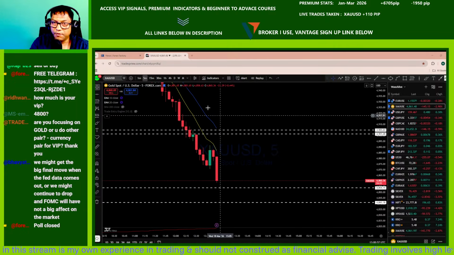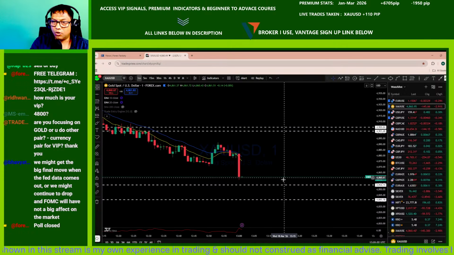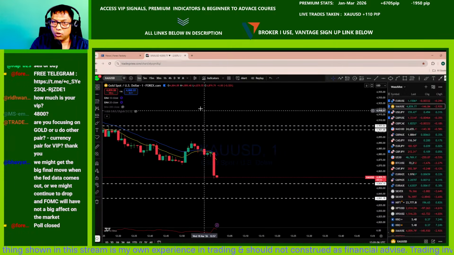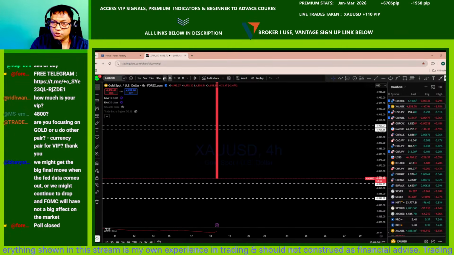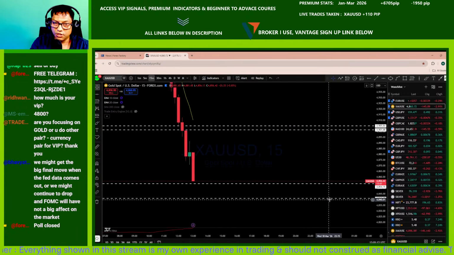It's coming down back below, and we could see the market eventually cross this low here to create a new lower low. That is what we're looking to see: the market to come down here, break that low, and potentially create a new lower low.